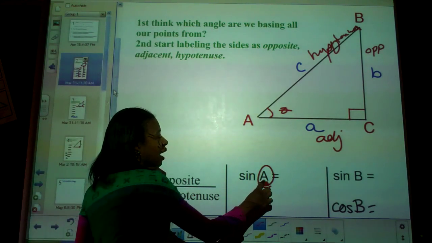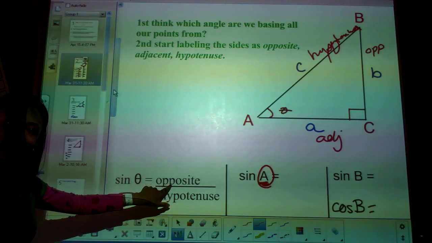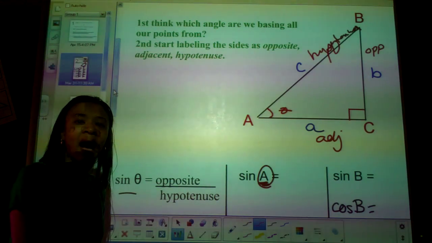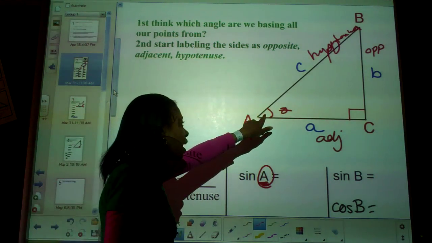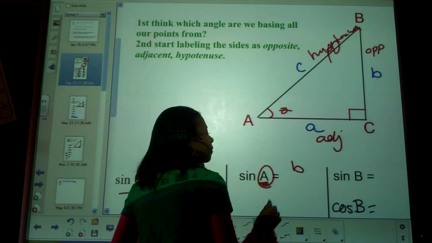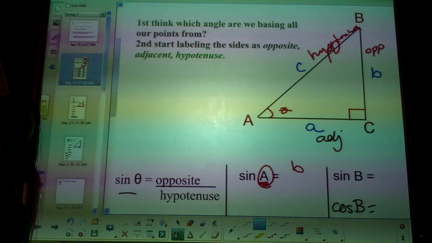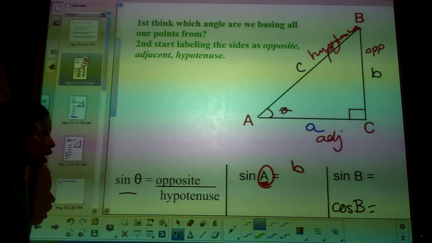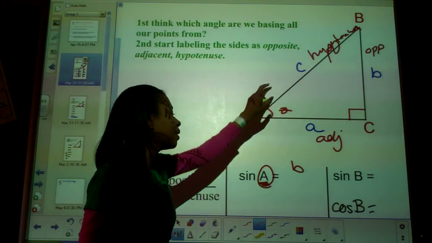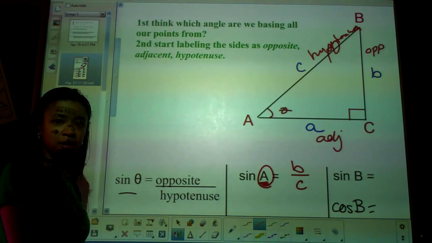They say sine A. They mean look at angle A. And what am I comparing when I say sine? Opposite over the hypotenuse. Well, what's the name of the opposite leg in reference to angle A? The opposite leg is B. Which two legs am I comparing? Opposite over the hypotenuse. What's the letter of the hypotenuse in reference to angle A? It's C. So it's B over C.